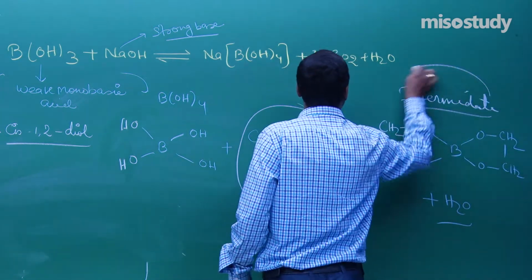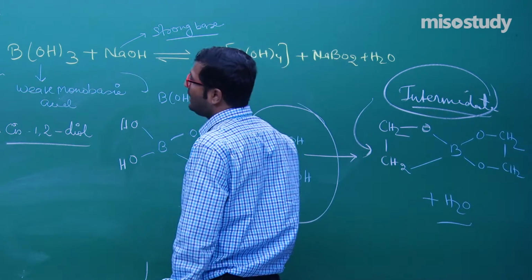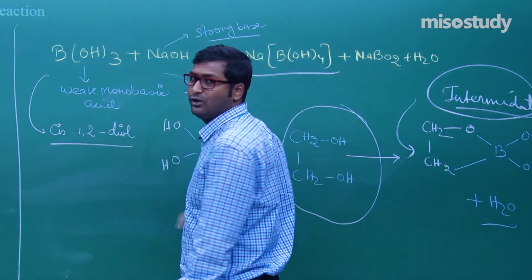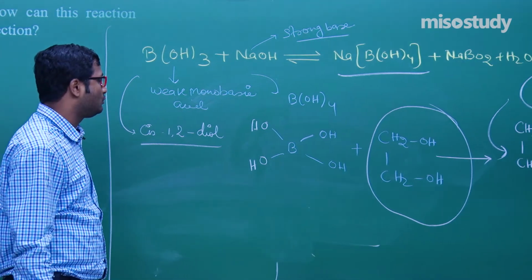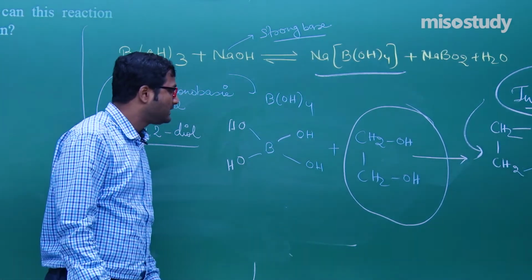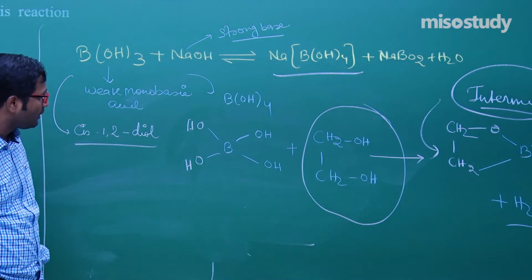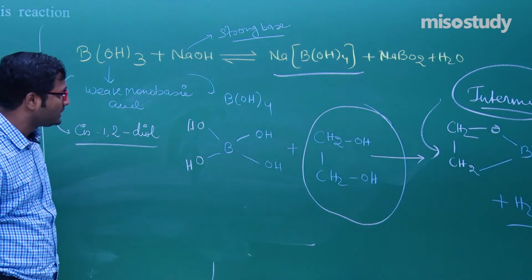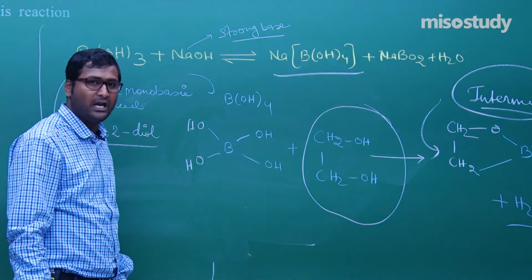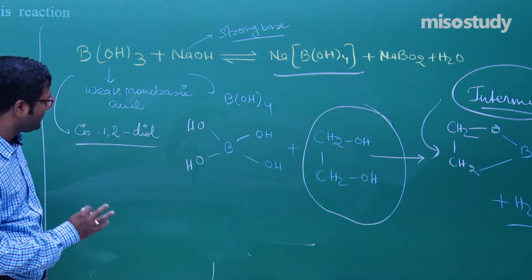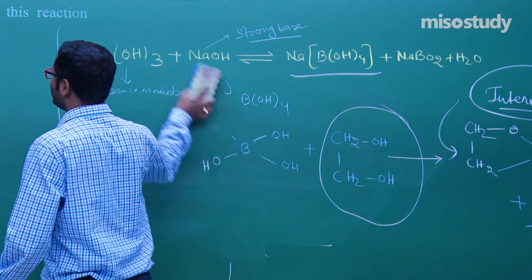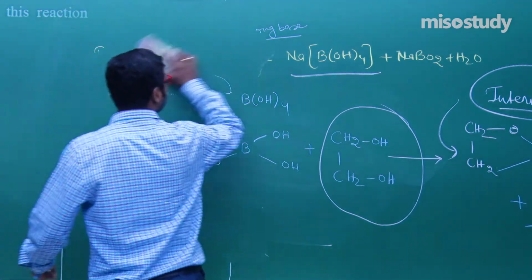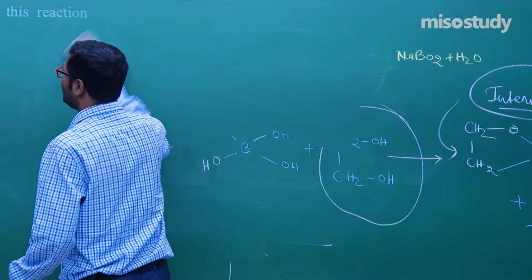This is the intermediate, not the product, and finally we will get the product NaBO2 plus H2O. I think now you can easily solve this kind of question. Still, if you have any doubt, you can easily approach me. So in this case we can say there is an addition of cis 1,2-diol.